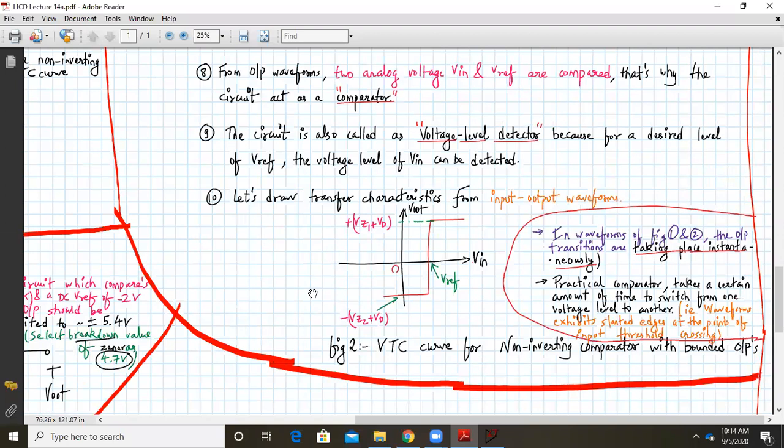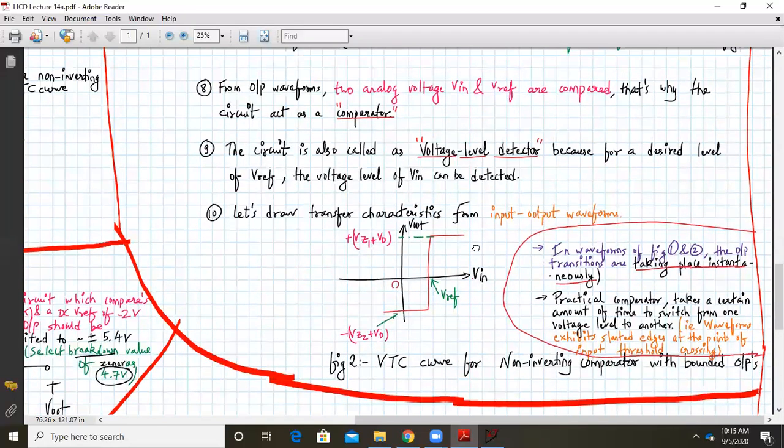So let us draw the transfer characteristics from the input-output waveform. This is the VTC curve for the non-inverting comparator with bounded outputs. Whenever V in is greater than V reference, output is at the positive voltage level given by VZ1 plus VD. Whenever V in is less than V reference, output is at the negative voltage level, given by minus of VZ2 plus VD.